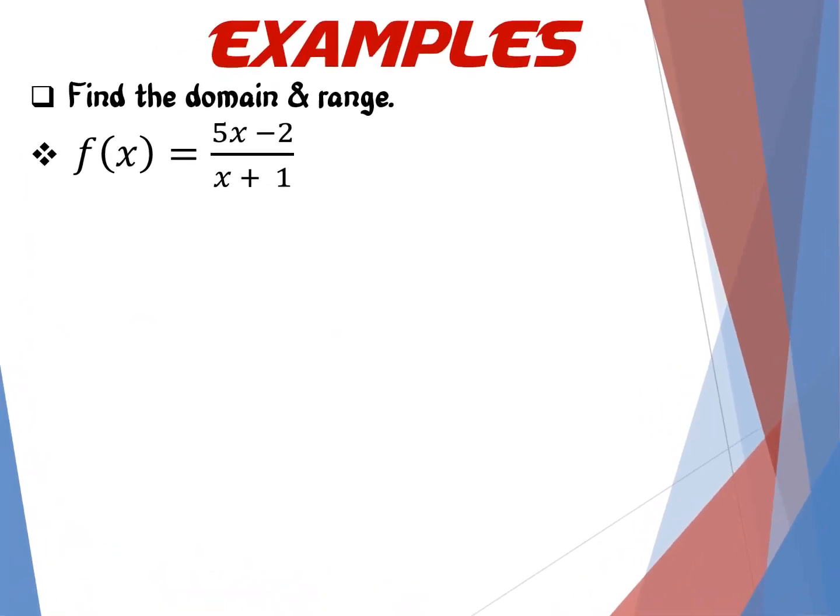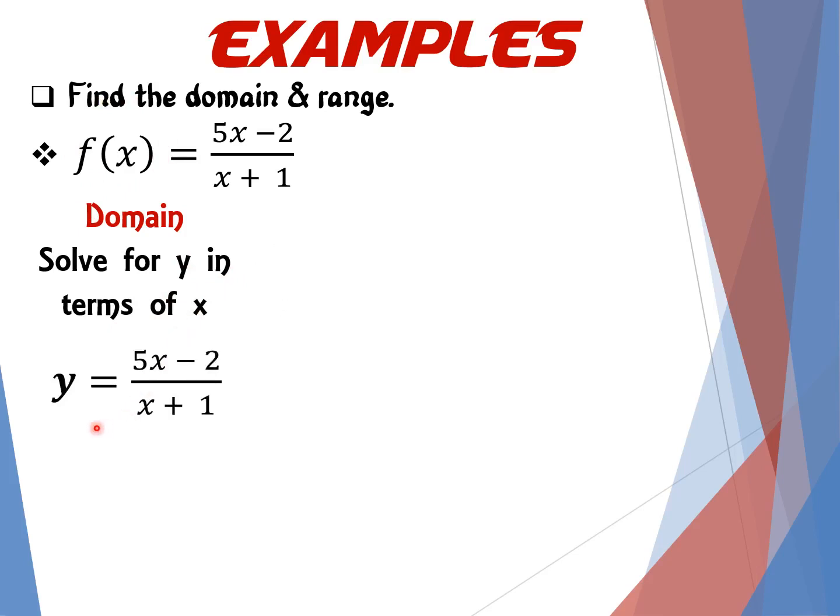Okay, let's have an example. Find the domain and range of f of x is equal to 5x minus 2 divided by x plus 1. Since this is a rational function, we can find the restrictions at the denominator. To solve for the domain, you're going to solve for y in terms of x. And we know that f of x is also equal to y, so we can rewrite it this way.